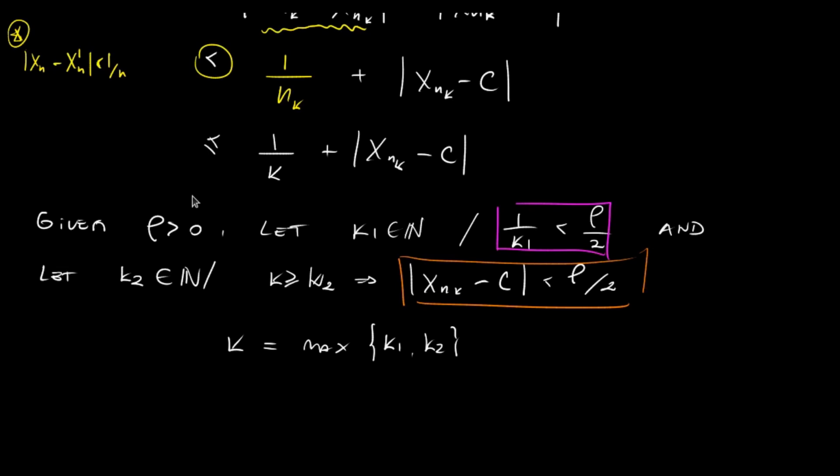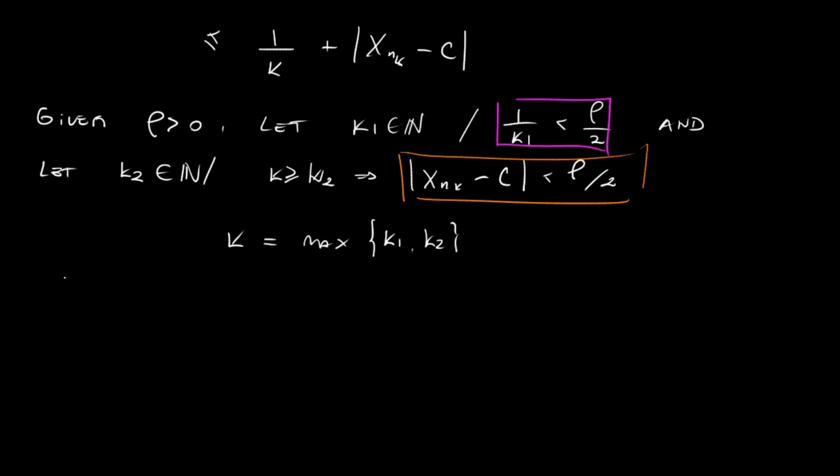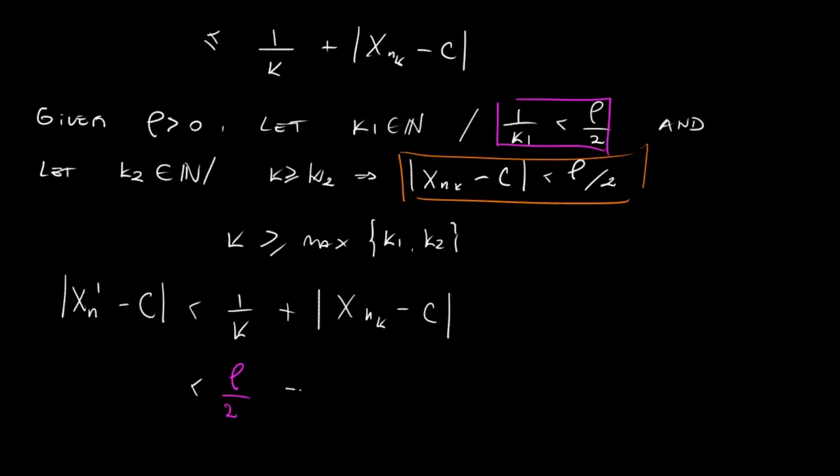And so we can rewrite the inequality we had, that is x of n sub k prime minus c smaller than 1 over k plus x of n sub k minus c. But now when we take k to be greater than or equal to this maximum number, then 1 over k is smaller than rho over 2, and x of n sub k minus c is smaller than rho over 2, and this sums to rho.